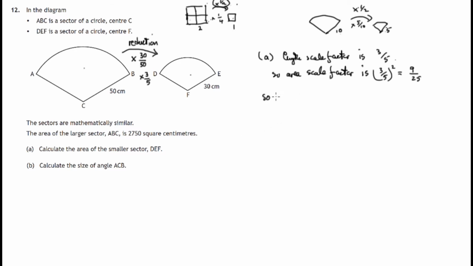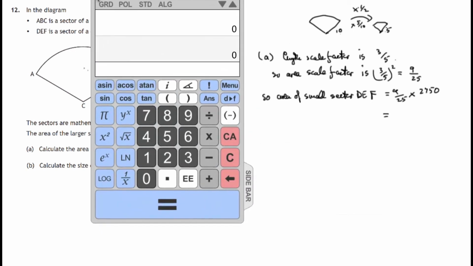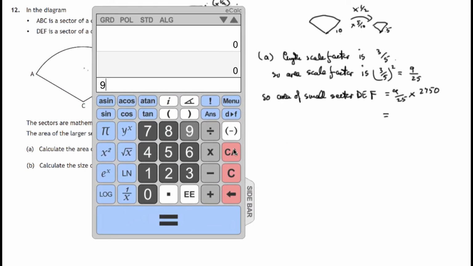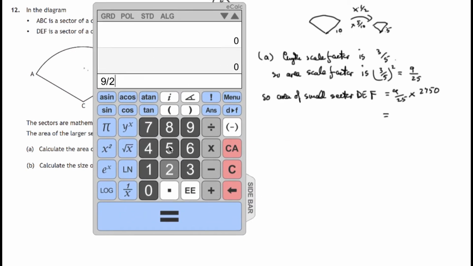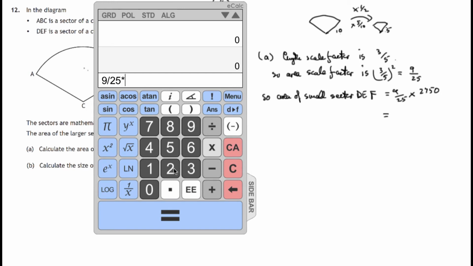So the area of small sector DEF is 9/25 of the area of the large sector, which we know is 2750. So that's the calculation that we have to do. 9 divided by 25 times 2750.